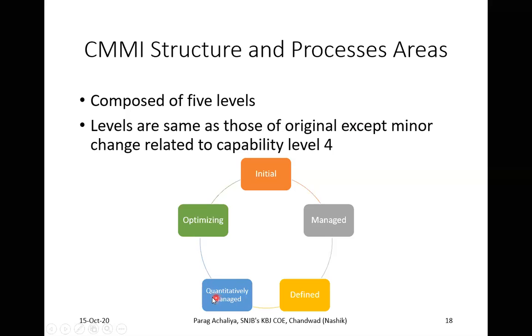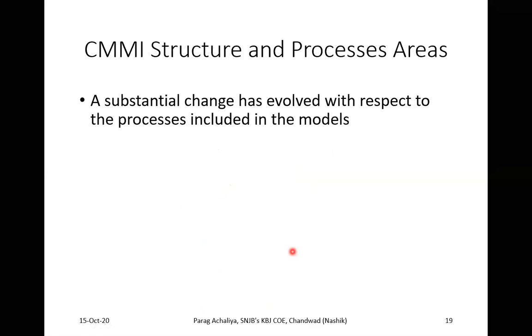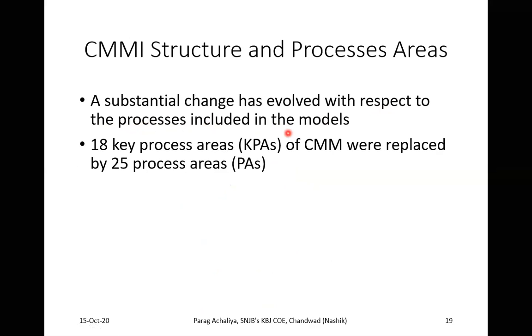Here level number 4 is your quantitatively managed level. A substantial change has evolved with respect to the processes included in the model. कहाँ पे हुआ, यहाँ पे major change जो भी हुआ है it is related with the processes included in the model. What process you are going to follow, that is focused in your CMMI.